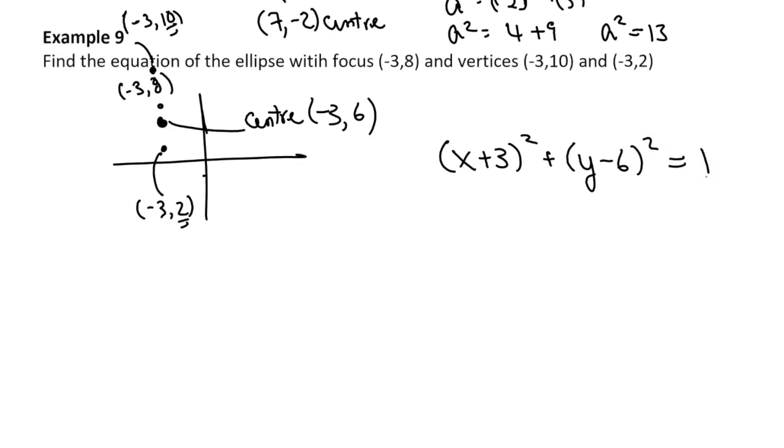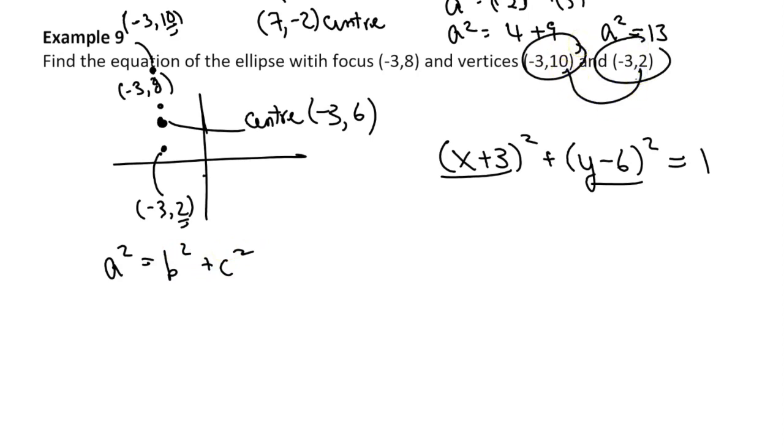And then we have to figure out what would be on our denominators here and here. We know that a squared equals b squared plus c squared. If our total major axis is 8 units, because we went 4 and 4 from our center point of -3, 6, then our major axis would be going 4 squared units, which would give us a 16 right here.